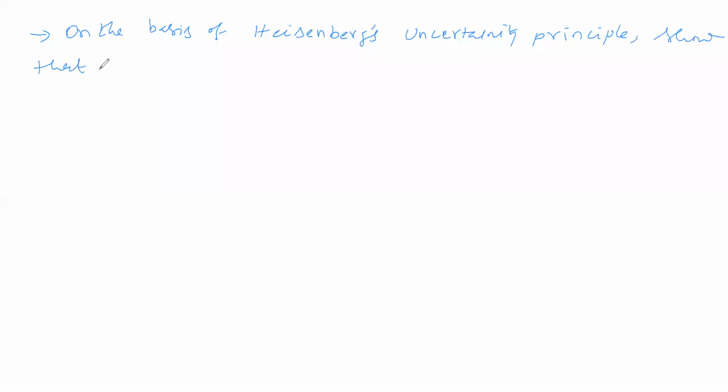On the basis of Heisenberg's uncertainty principle, show that the electron cannot exist within the nucleus.